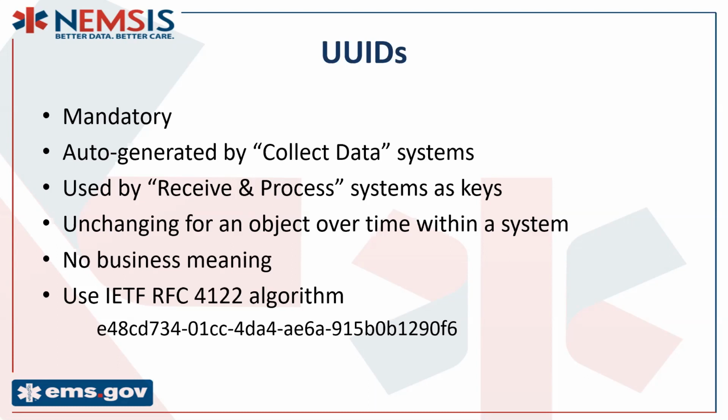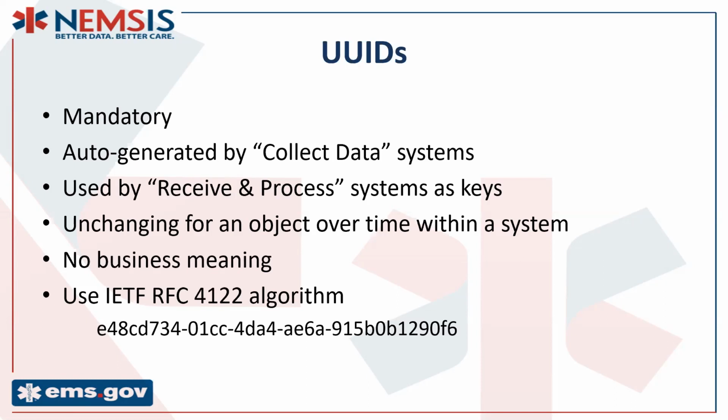Then the state system really has no way of knowing that this is the same person that was submitted a week ago with a different name, different ID, and potentially a different birth date. So by adding a UUID to that personnel record, the receiving system now knows, I've seen this object before, and I can compare the data that I have to the data I'm receiving from the agency and update the object appropriately.